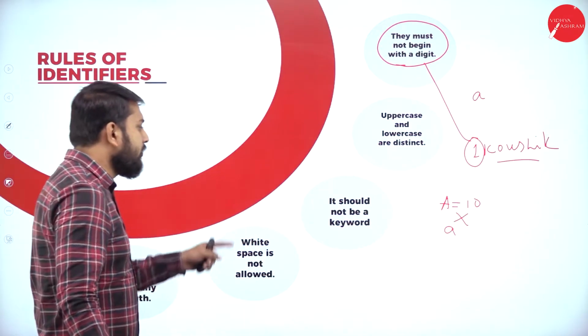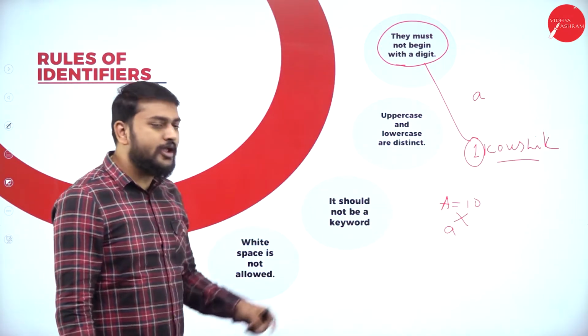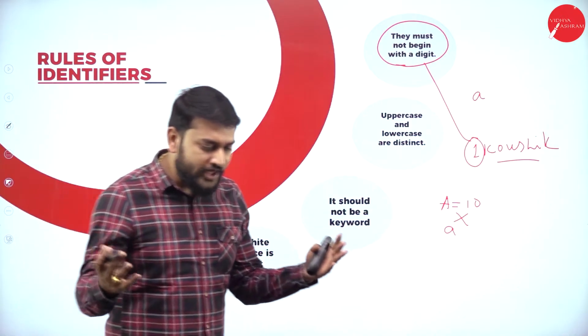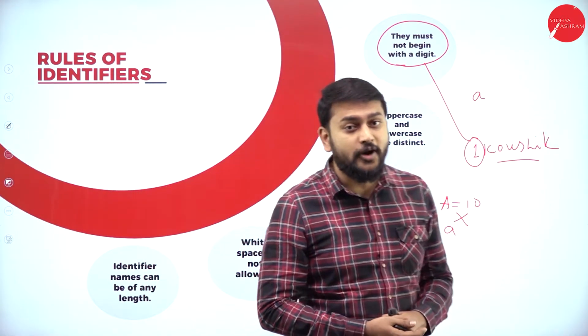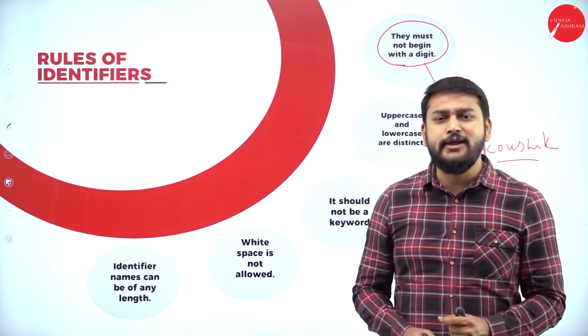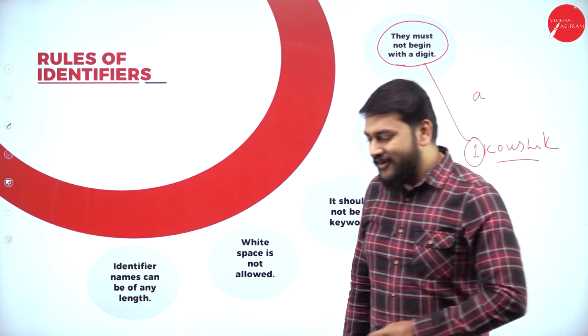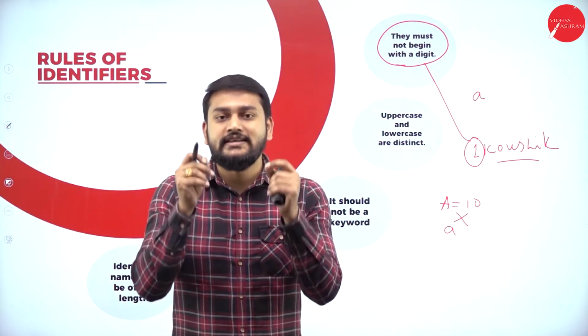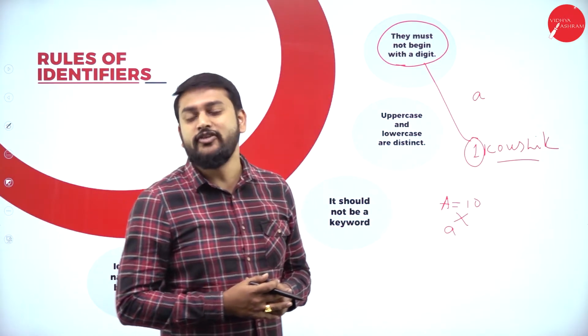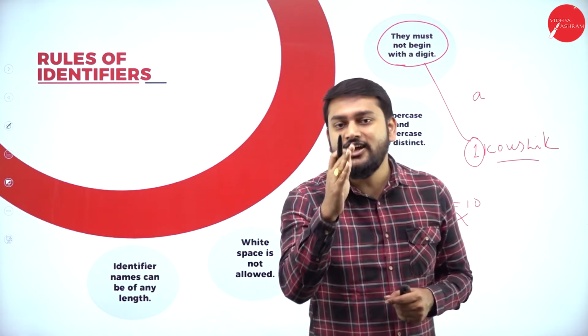And the third point, here we go. It should not be a keyword. All of you would have come across a concept called keyword by now. What exactly is a keyword? It is a reserved word.